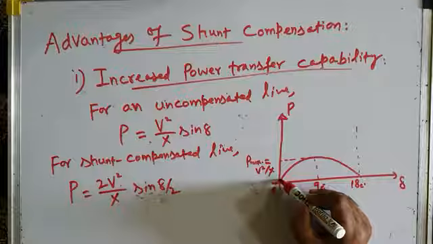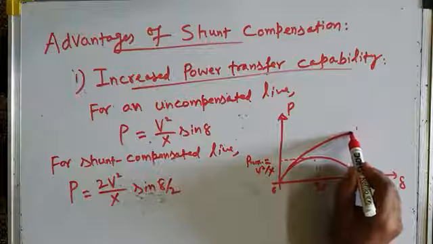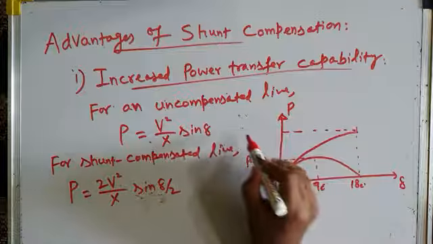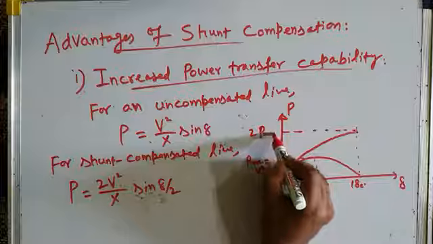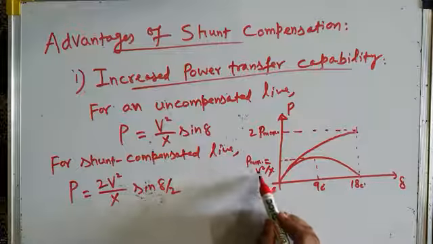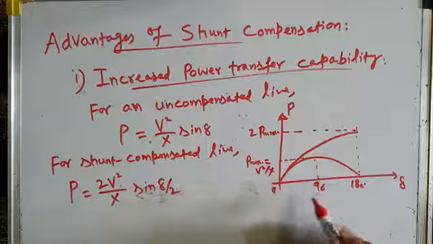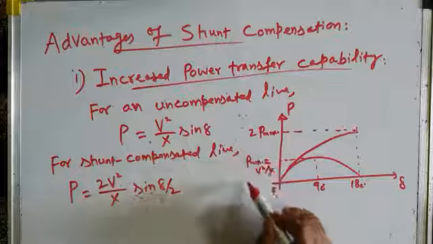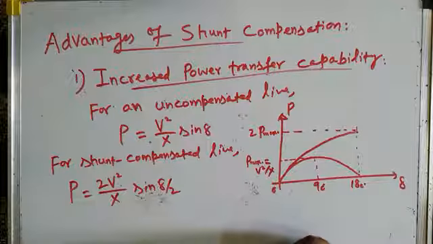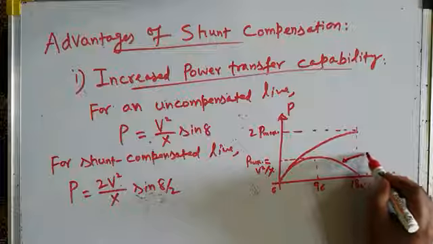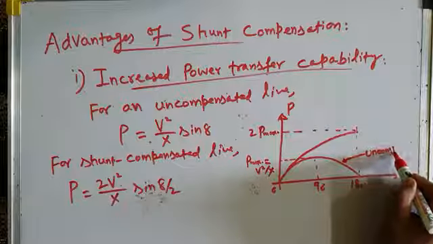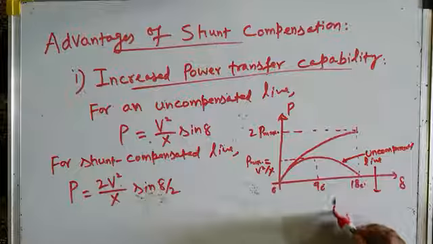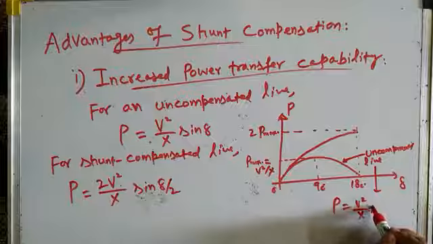And if you draw the characteristic, it is something like this. This is the maximum power carried by the line, and it is 2 times P max, where P max is the maximum power carried by the uncompensated line. A shunt compensated line carries 2 times the maximum power as compared to an uncompensated line. This is the graph for the uncompensated line, for which the power equation is P equal to V square by X sine delta.